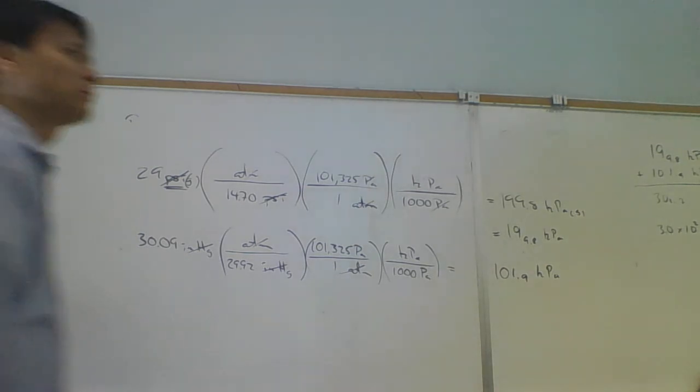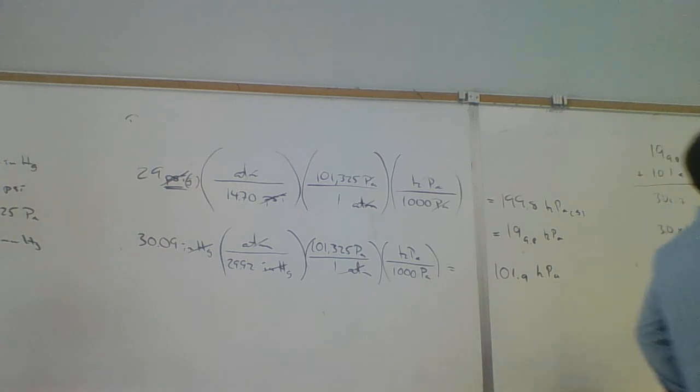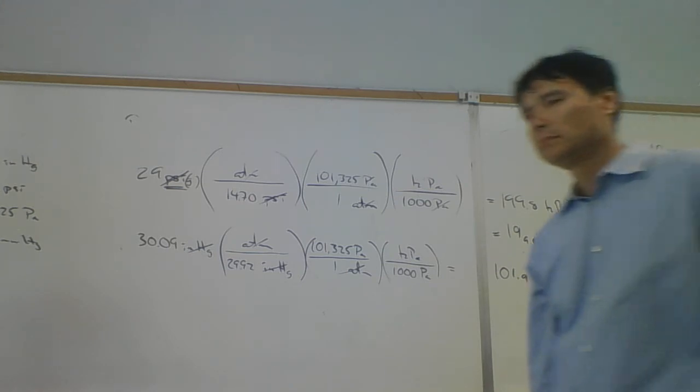So volume is only proportional to the absolute temperature. It's not proportional to the Celsius temperature, because that scale has an arbitrary 0. We could say volume is proportional to the Kelvin temperature. Because with the Kelvin temperature, what is the y-intercept?